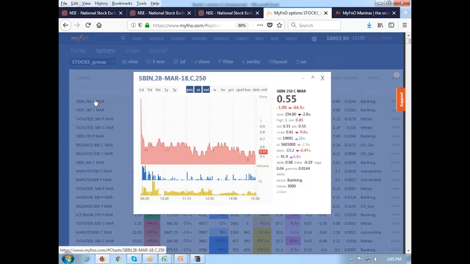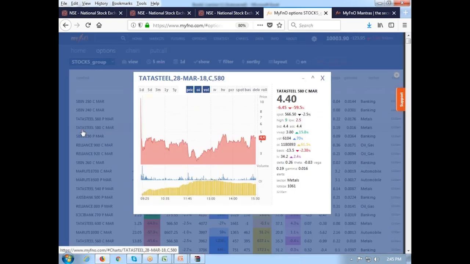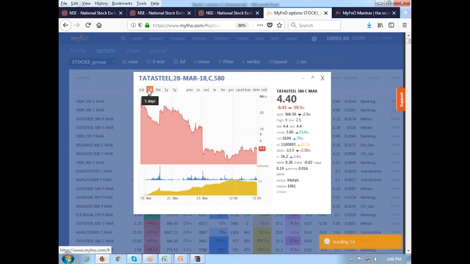If I click on the chart, let's remove this. This is a 580 call chart of Tata Steel. This is its intraday behavior. If I click on 5-day, this is the 5-day chart, which went from 25 rupees to 4 rupees now.